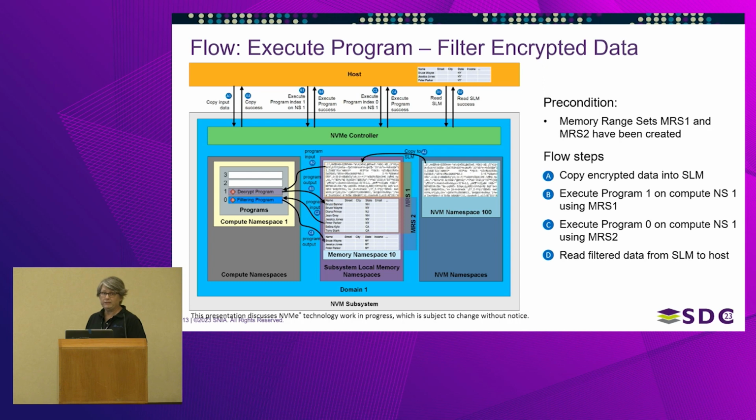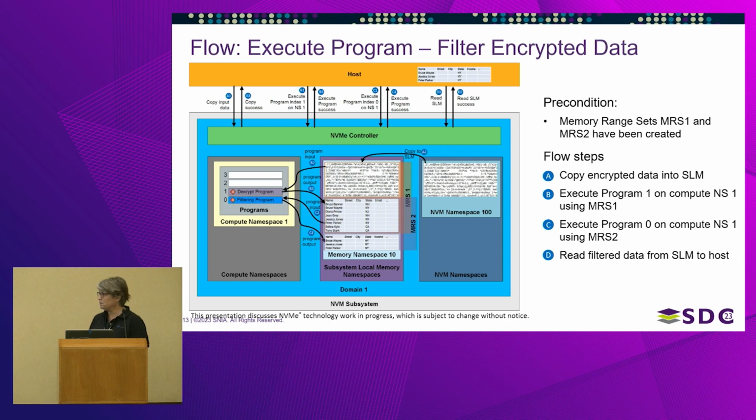So now that that's complete, the host can go on to the first compute step. And the first compute step is to execute the program in slot 1, which is the decrypt program, on the encrypted data that we just copied into the memory namespace. So the host issues a command that says, execute program 1 against this particular memory.